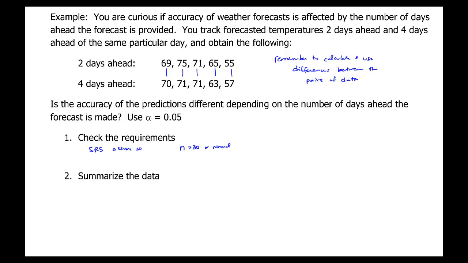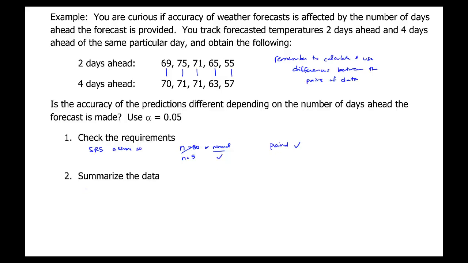Our sample size is not greater than 30, our sample size is 5, so we don't have that. But temperature follows a normal distribution. So we can assume that we're working in a normal distribution. And we need paired data, and we do because we're forecasting for the same day. So each pair of data is a forecast for one particular day.